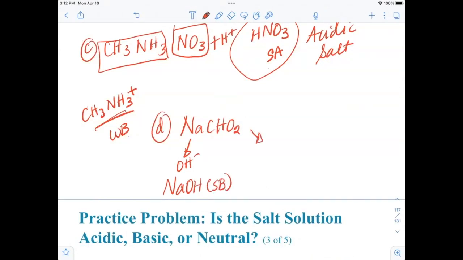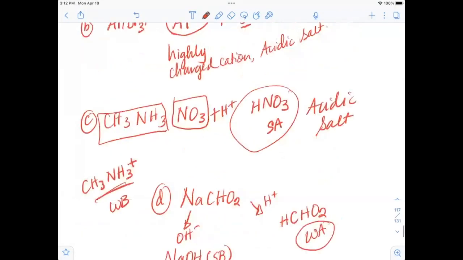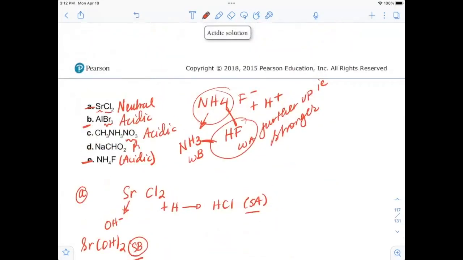And here, just add the H plus, and we get HCHO2. And this is an acid, right? Because remember, we're trying to make an acid. We don't recognize it, so we're just going to call it a weak acid because the weak acids are not part of the 6 strong acids. So this is a stronger part, making this a basic salt. So neutral, acidic, acidic, basic, acidic.